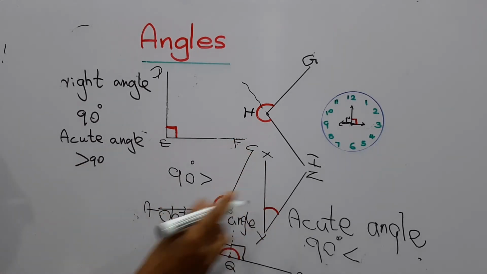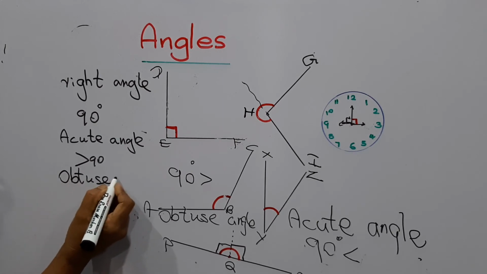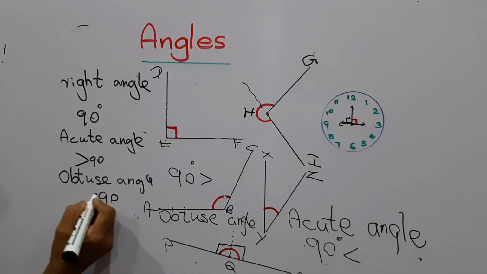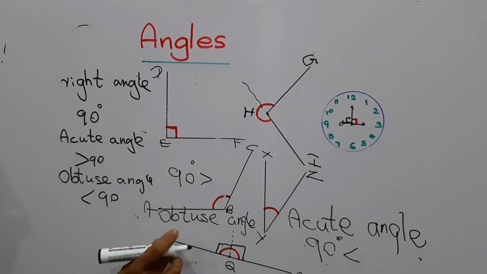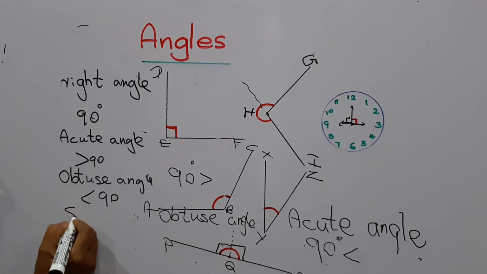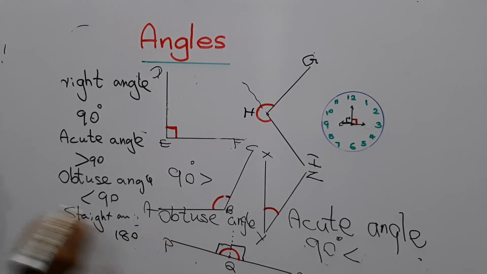Then we learned the obtuse angle, that is more than 90 degrees. Then we learned PQR as a straight angle, that is already 180 degrees.